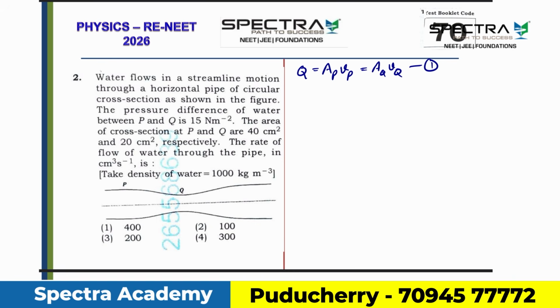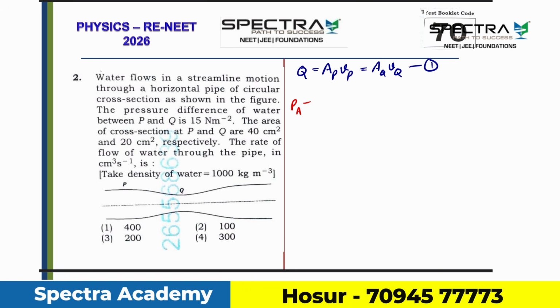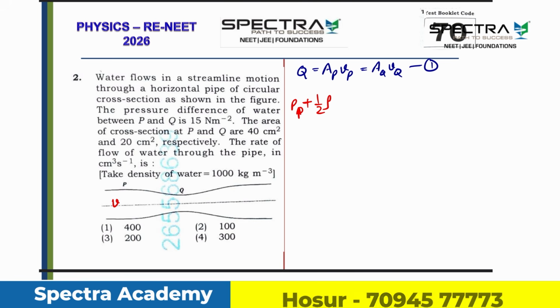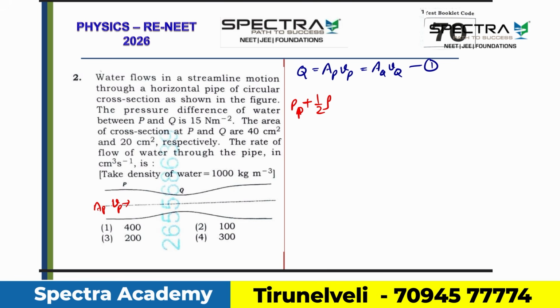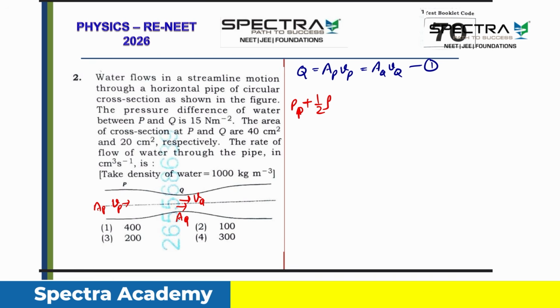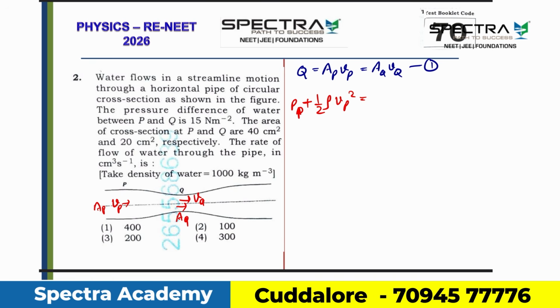Apply Bernoulli's principle at P and Q. Pressure at P plus half rho into, let the velocity at P be VP, area of P be AP, velocity at Q be VQ, area at Q be AQ, students. So half rho into VP square is equal to, it's a horizontal pipe, so the potential energy per unit volume on both sides will cancel.